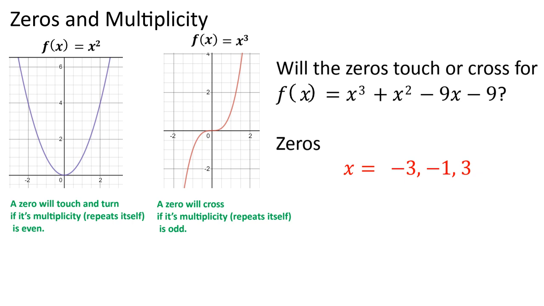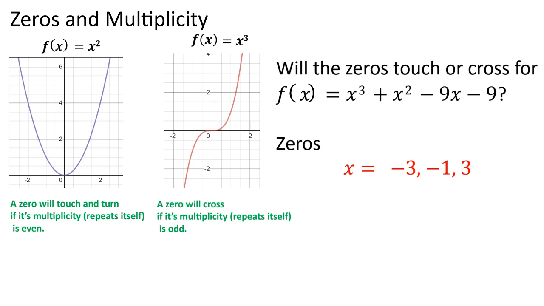If a zero has a multiplicity that is even, it's going to touch the graph. And if it has a multiplicity that is odd, it's going to cross the graph. So in this example, my zeros were -3, -1, and 3. All these have multiplicity only 1, so the multiplicity is odd.